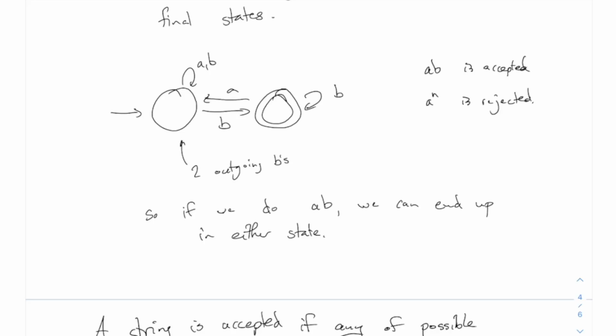Right? Maybe is anything else rejected? Anything that ends with an A, I guess, is rejected. Maybe that's it. Sometimes it can be difficult when you're looking at an NFA to say exactly what are the accepted strings.